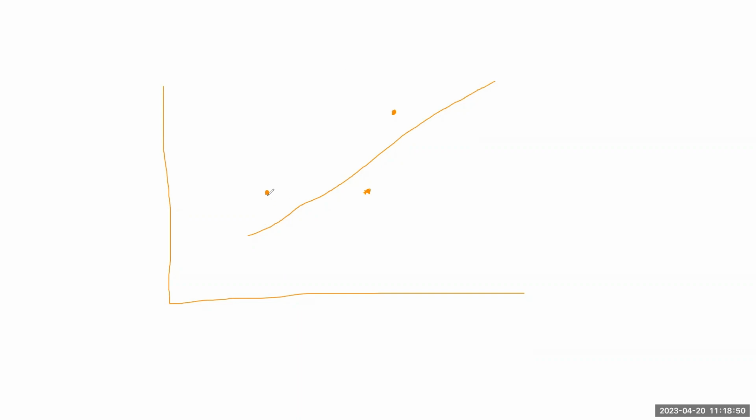If you measure this distance here, let's call it D1, distance 1, and then this distance here, this line should minimize the distances between the line and each data point. This is called the residual. This distance is called the residual.